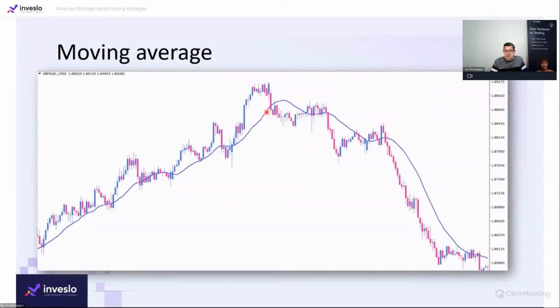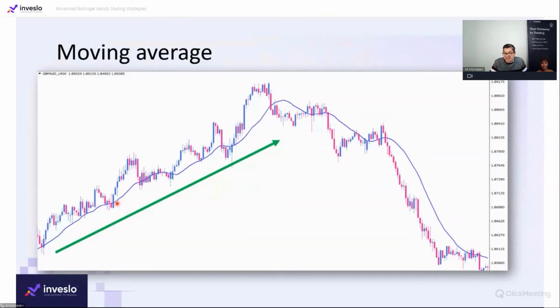Okay, simply put, when the moving average is rising, you see here this arrow, when the moving average is rising, or it has a positive slope, as you can see here, the positive steepness, the trend is up.